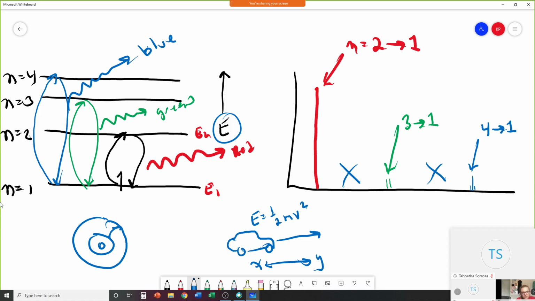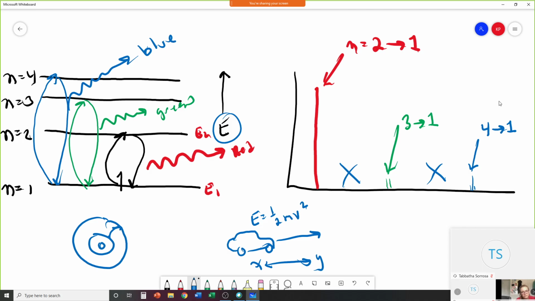Okay, now we have this line spectra here, and Bohr kind of explains it, and another guy comes along, he's called Rydberg. Bohr said this is because we're flippy-flopping between energy levels. He still couldn't tell you how you get these lines and how you can calculate them.